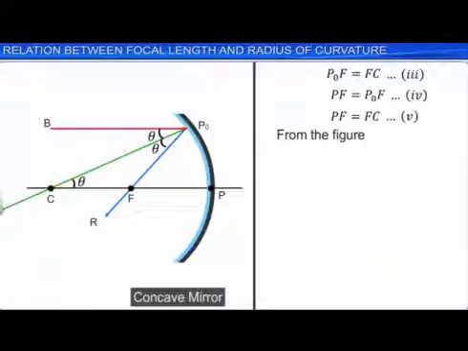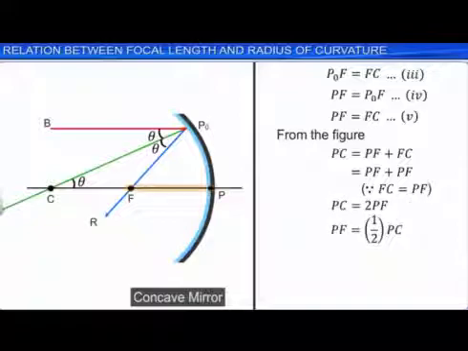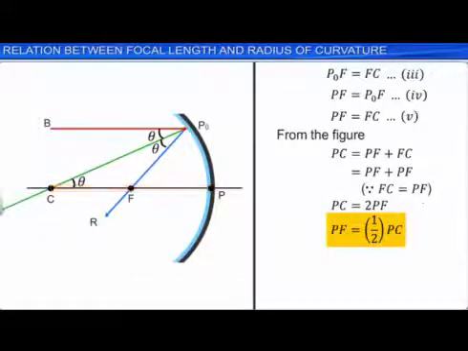From the figure, PC is equal to PF plus FC. Based on equation 5, we can substitute FC with PF. Then the equation becomes PF is equal to half PC. Thus, the focal length of a concave mirror is half of its radius.